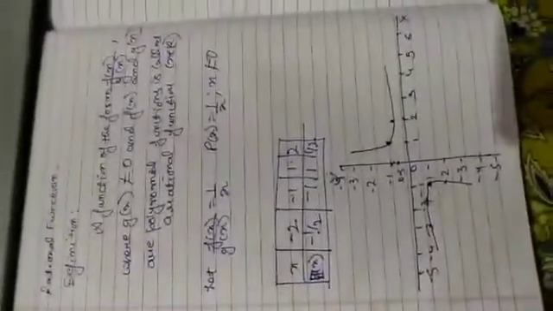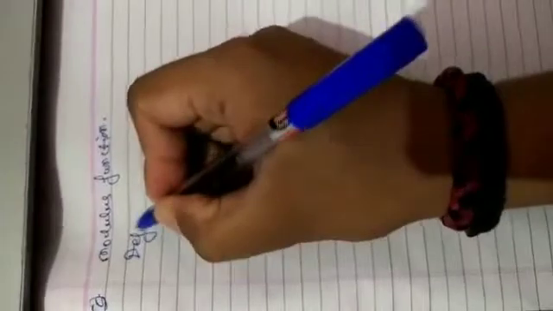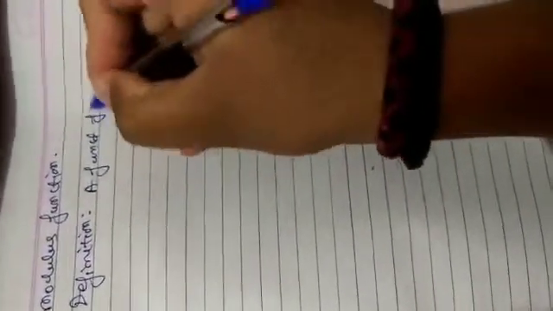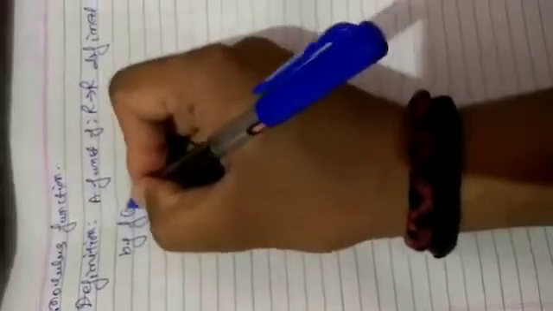Okay, so the next type of function is the modulus function. Fifth is the modulus function. So the definition for this is: a function f from R to R defined by f(x) is equal to |x|.